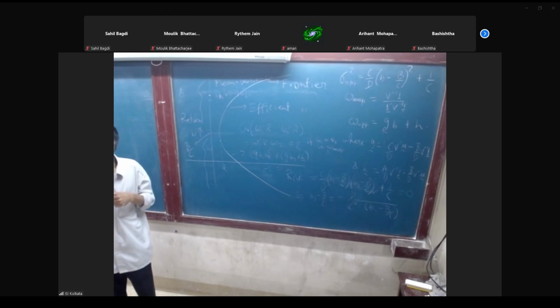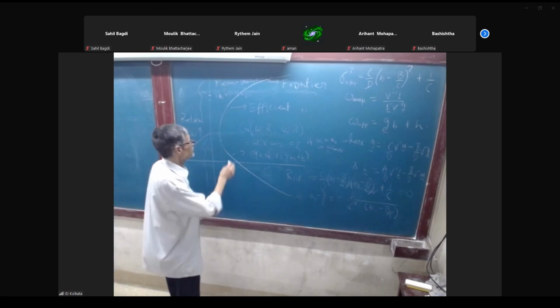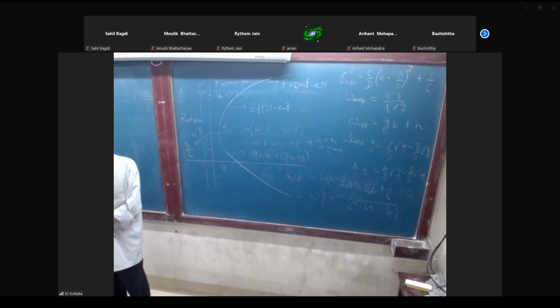Even the earlier expression we have written, like sigma 2 square, sigma 1 square, and sigma 1 2. This is the sigma 1 2 expression we have written, so we are only fixing sigma 1 2.